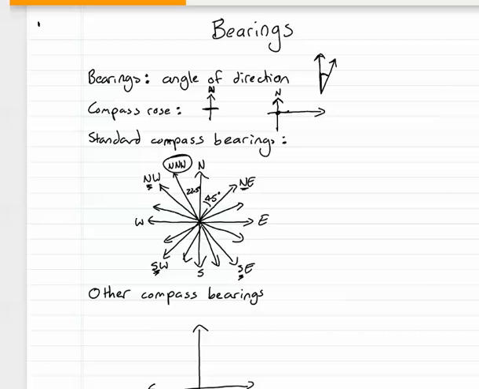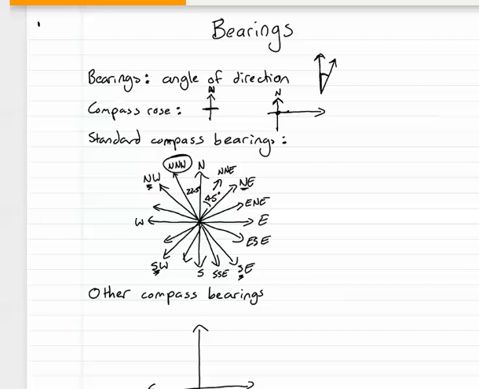So north, north-northeast, northeast, east-northeast, east, east-southeast, southeast, south, all the way around. Each of those has their own little single named direction, but you'll notice they're based on north, east, south, and west.